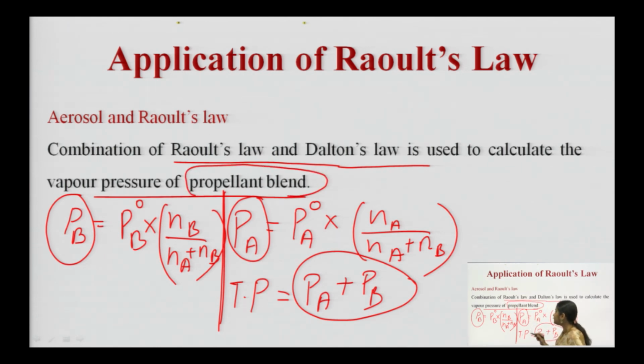It will help us to select the appropriate propellant blend depending on how much force or pressure is required to expel the drug, so that it can reach the desired site. If I want topical, then the pressure required will be less. If I want it to be inhaled and I want the drug to reach the lungs, then the pressure used will be higher. So, depending on that, we can select the propellant blends.